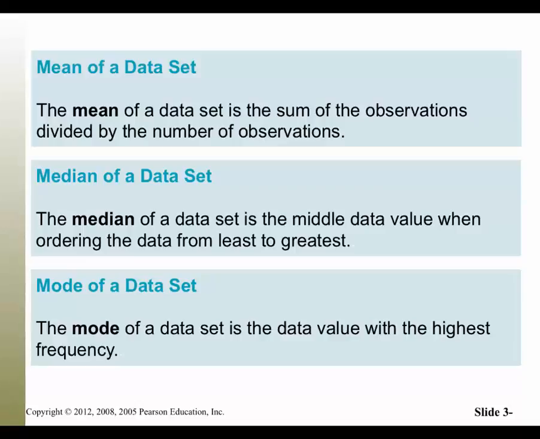And the mode is the most common value, the data value with the highest frequency. These are all potential measures of center, indicators of the values in the data set: mean, median, and mode.